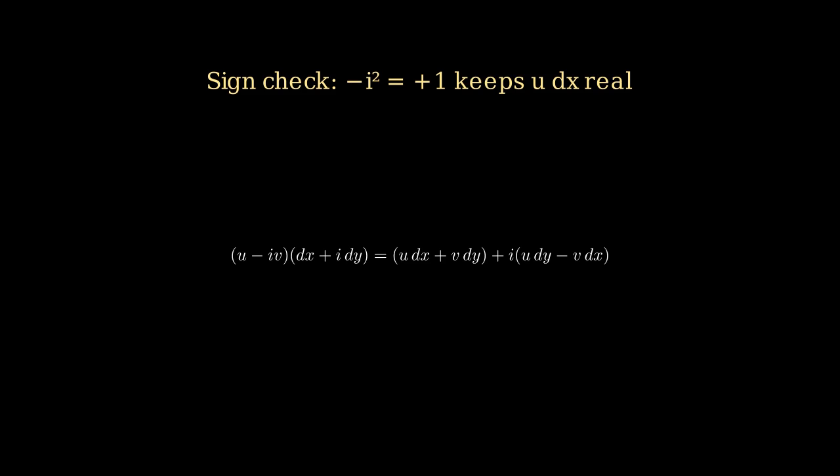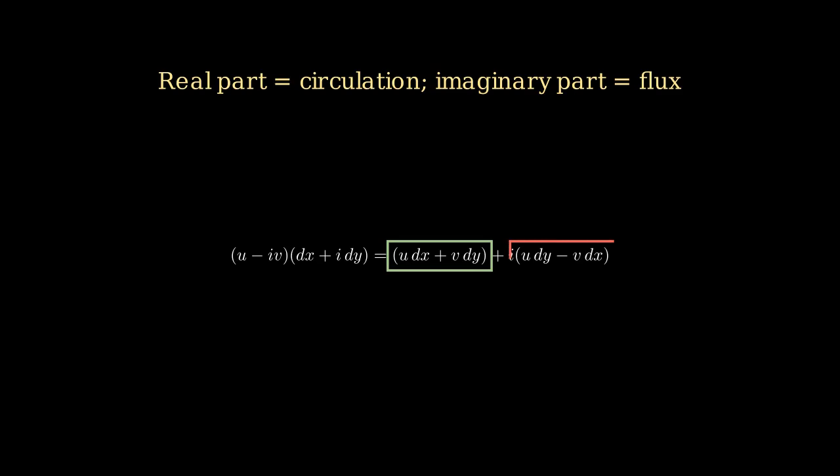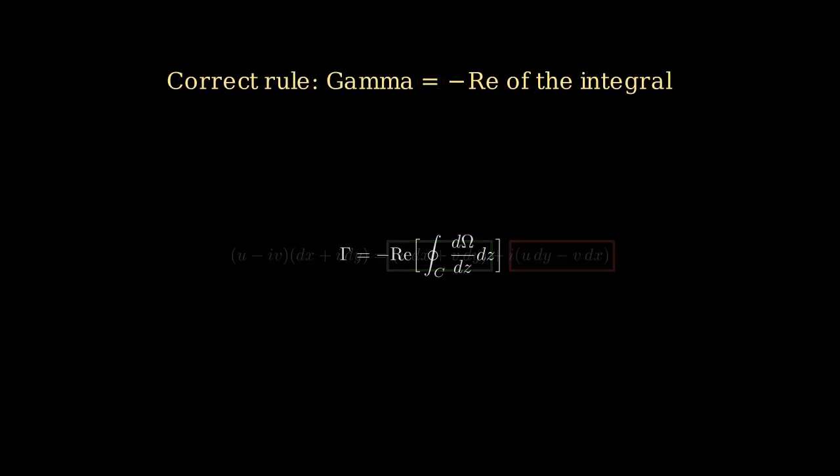The real part of this is exactly the circulation integral u dx plus v dy. The imaginary part is a separate quantity, the outward flux, which is 0 here since there's no source at the origin, only a vortex. So the correct relationship is gamma equals negative the real part of the closed loop integral over C of dω/dz.